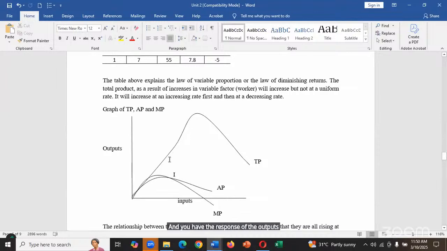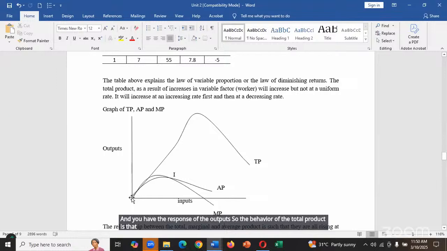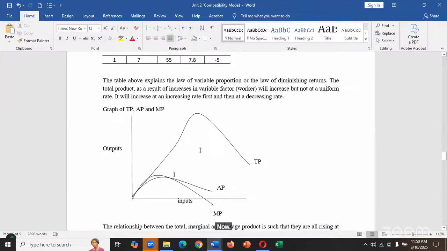The behavior of the total product is that it increases, reaches the maximum or the peak, and then starts falling. The average product too does the same. The marginal product too does the same. Now, I want us to quickly put down a question.